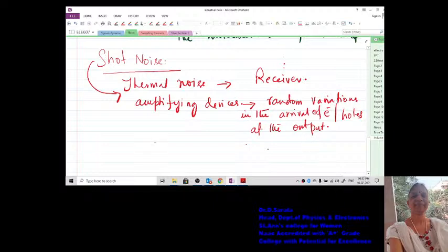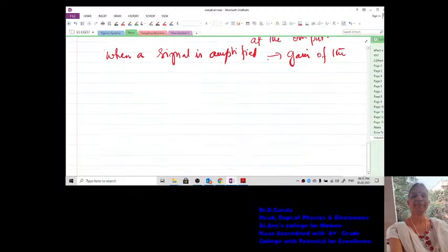Hence the name shot. What I am trying to say is, when a signal is amplified, the gain of the system is increased, isn't it? Suppose you are taking a voltage gain.